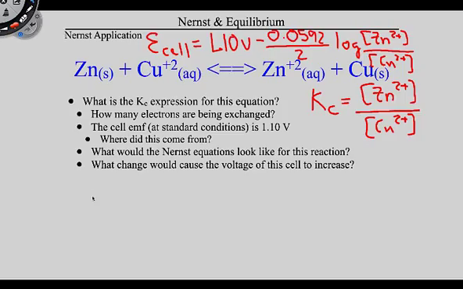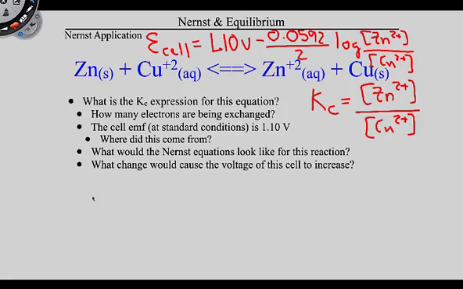What would you say? Add reactant, right? If you want a reaction to do more reacting, what you want to do is add reactant. And what's our reactant? Copper ion. So guys, adding copper ion shifts the equilibrium to the right, driving the equilibrium to the right, increasing voltage. We see that here chemically, we see it here mathematically.